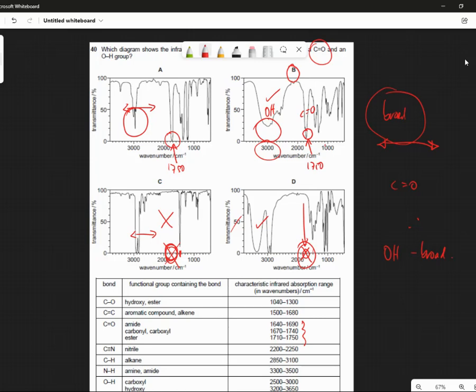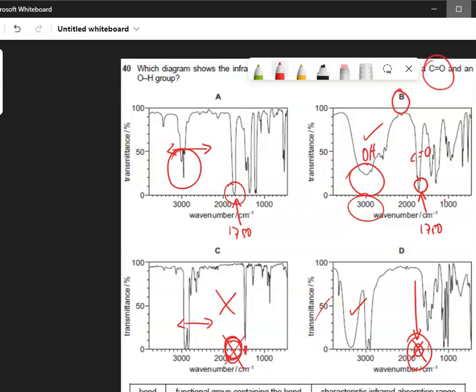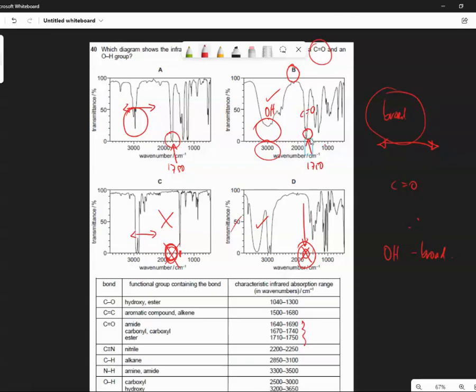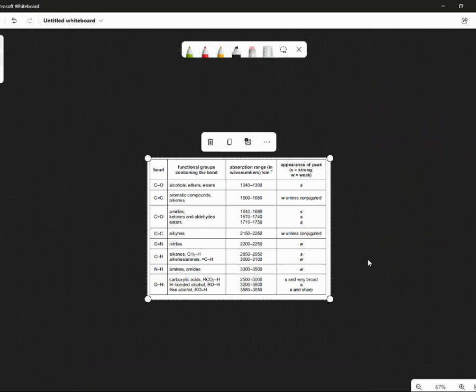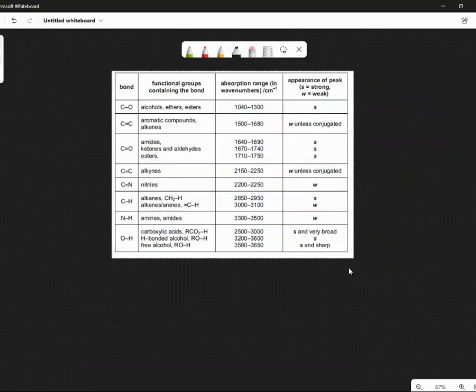All right, now, oh, look at this. This is going to annoy you. Maybe it will, maybe it won't. Let's get that. I don't think you can see anything, can you? All right, now let's push this up. Can you see? Now, look, this is the data booklet.